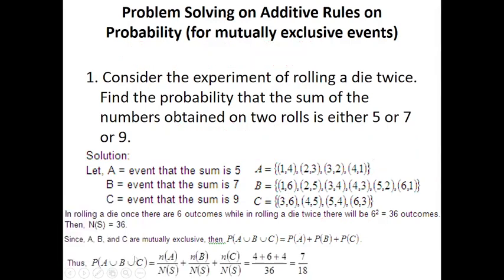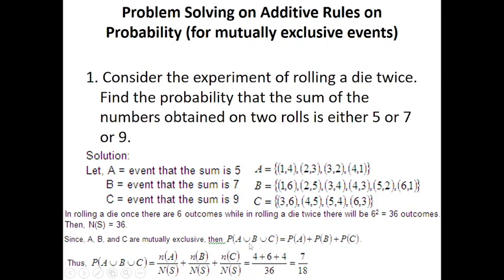So, we now proceed. No? So, the probability A union B union C. So, probability of A, number of outcomes in A over number of outcomes in the sample space plus number of outcomes in B over number of outcomes in the sample space plus number of possible outcomes in C over number of possible outcomes in the sample space.